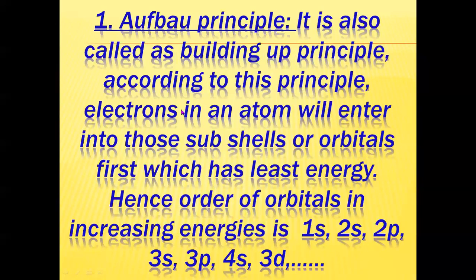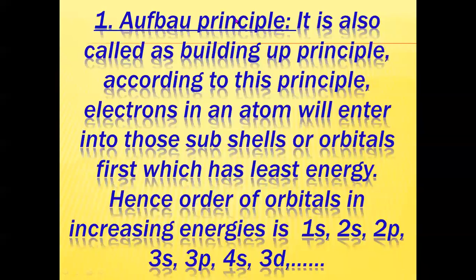First one is Aufbau principle. Aufbau principle is nothing but building up. So here we arrange the different orbitals in order of their increasing energy. What does this principle say?